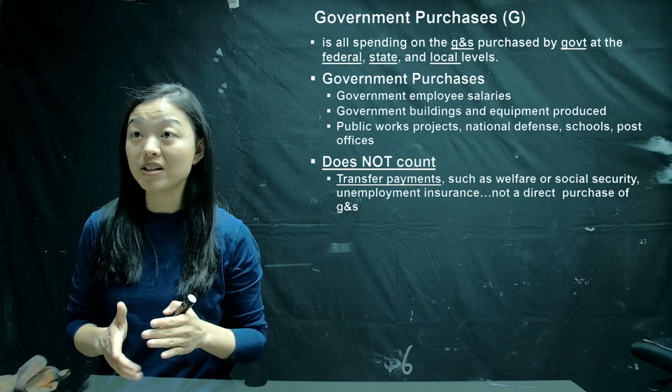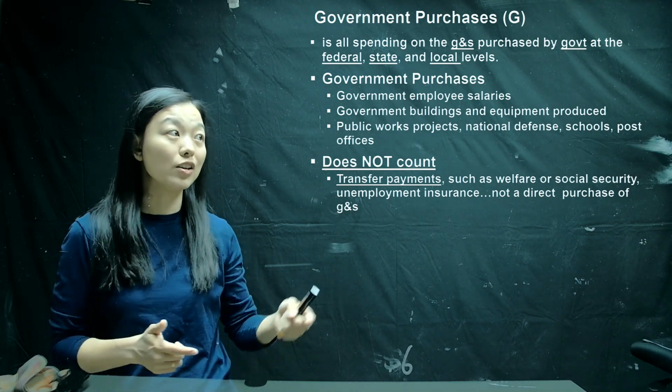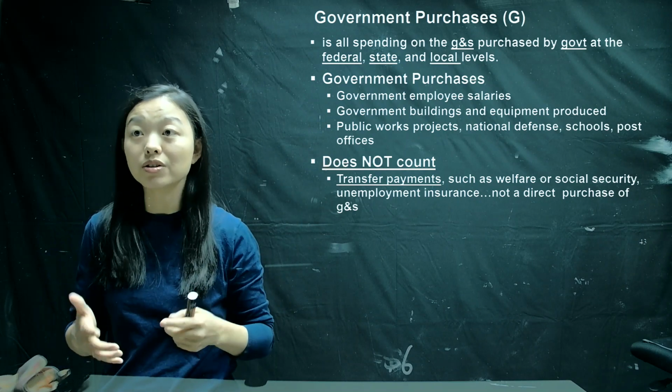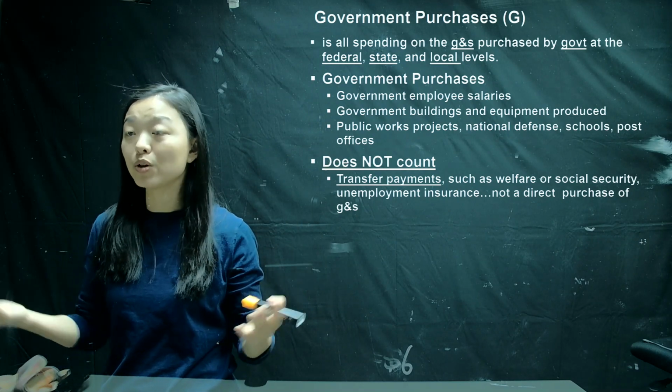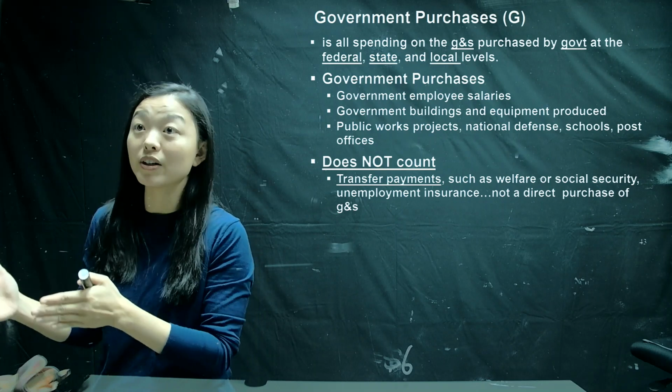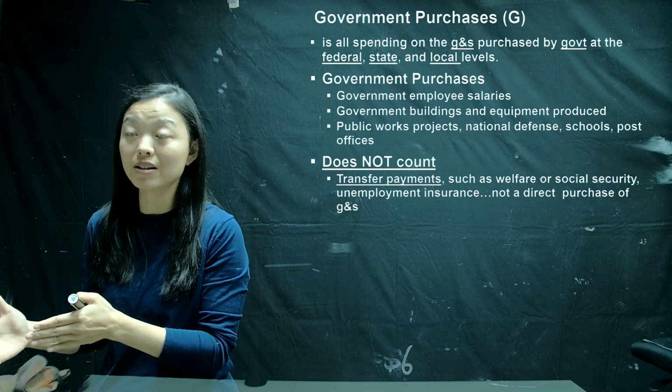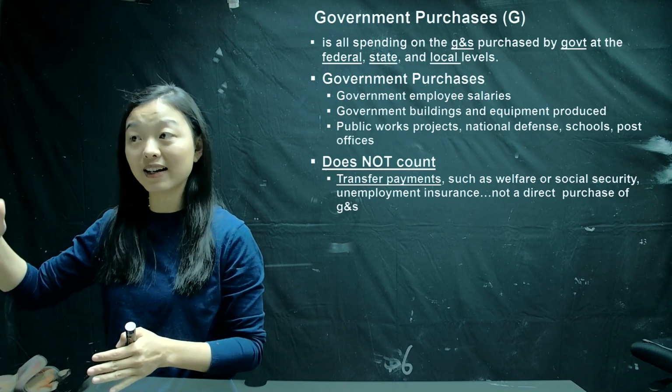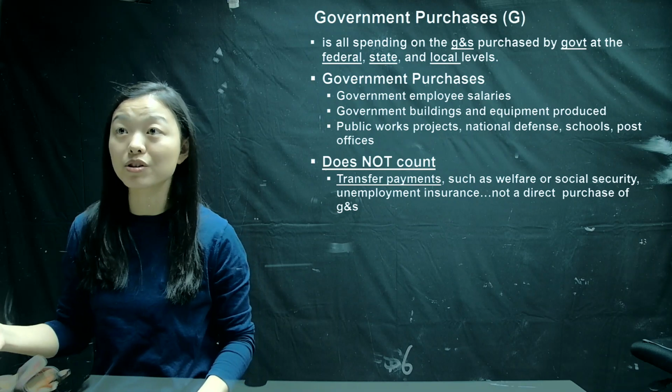But those transfer payments cannot be counted in government purchase, because when people receive those paychecks, they will spend them on consumption, right? So that money is already counted in consumption.